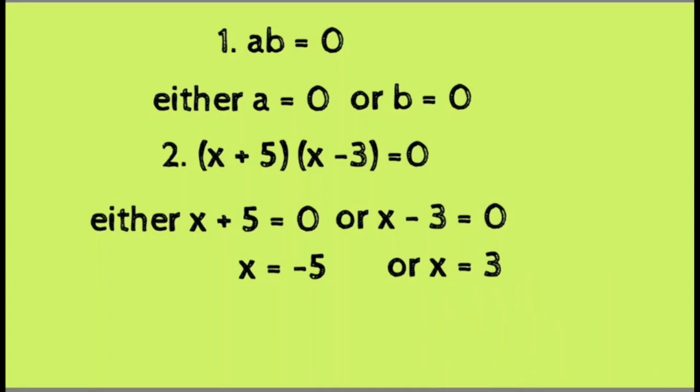That is the basic introduction as to how we're going to be solving quadratic equations using the factor approach: if two factors are multiplying each other and their product is equal to 0, it means one of the factors is 0, and then we can solve those equations.